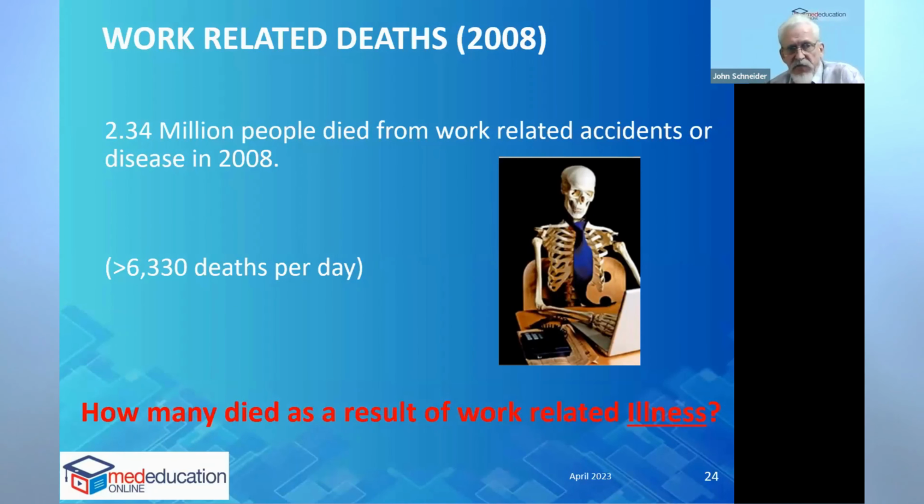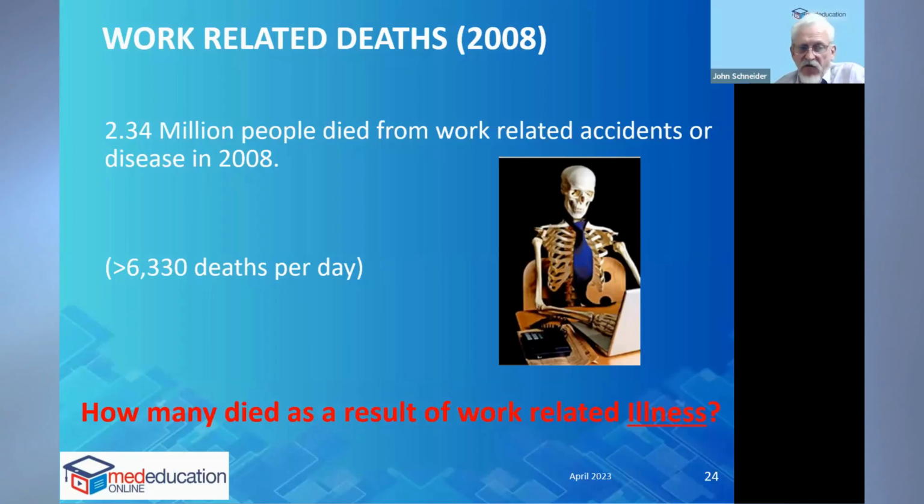And this is getting a little bit old, but it's reasonably good information published by the World Health Organization. 2.3 million people died from work-related accidents or disease in 2008. And that's over 6,000 deaths a day. So it's a big problem worldwide.